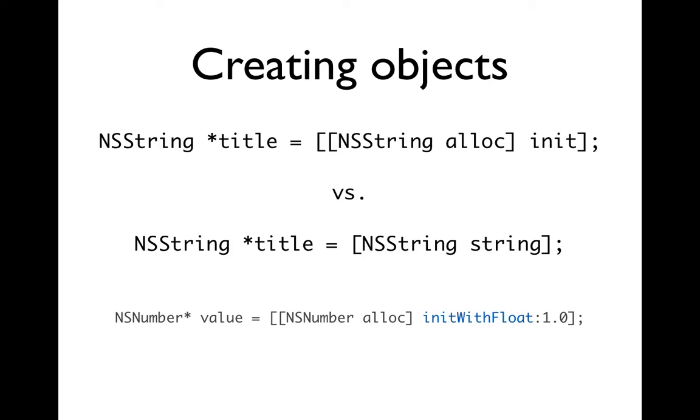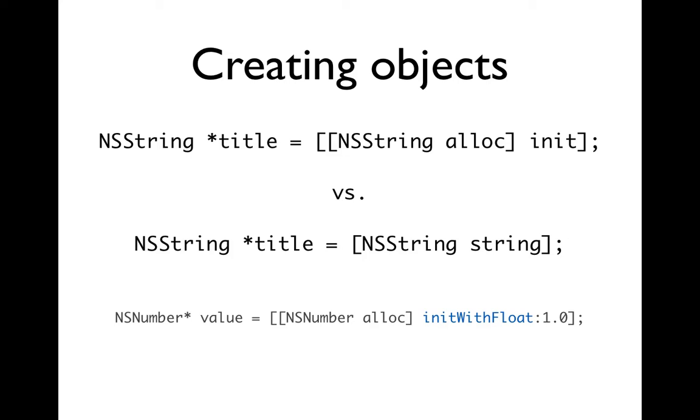Some classes like NSNumber can hold different types. And when you initialize, you should specify the type you want to hold. NSNumber could hold different types of numbers: floats, integers, doubles, etc. Because you initialize with this, instead of doing a simple init and then assigning a value, you can combine it into a single call: init with and then the type, in this case float, and you pass a number.